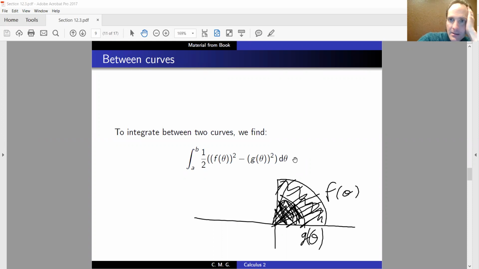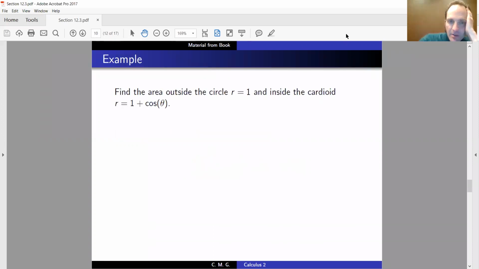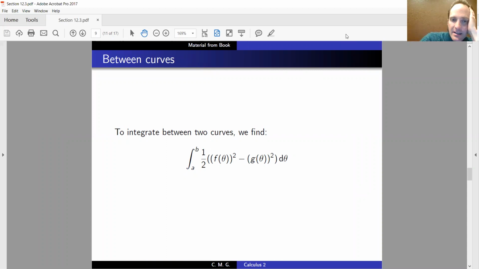Okay, so let's do that. All I'm doing here is saying I still have the 1/2. I have now, in parentheses, f of theta squared minus g of theta squared with respect to theta, a to b being the 2 points that I care about, the theta values.